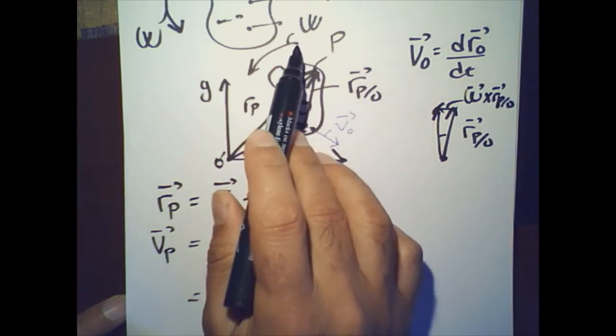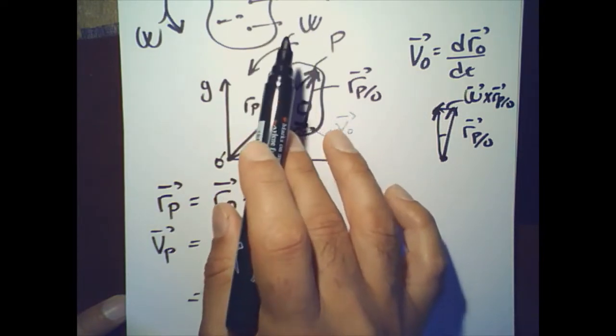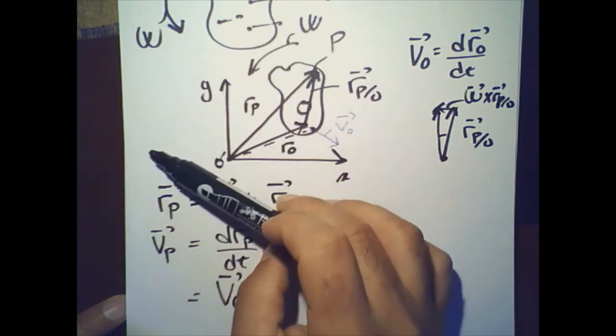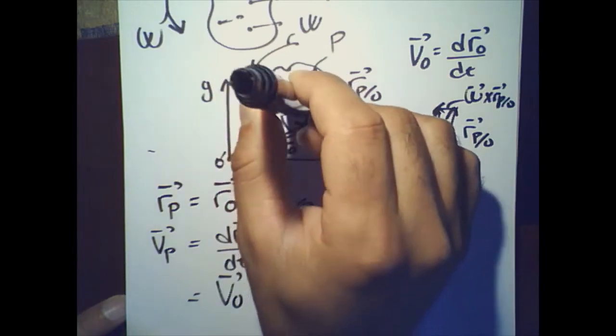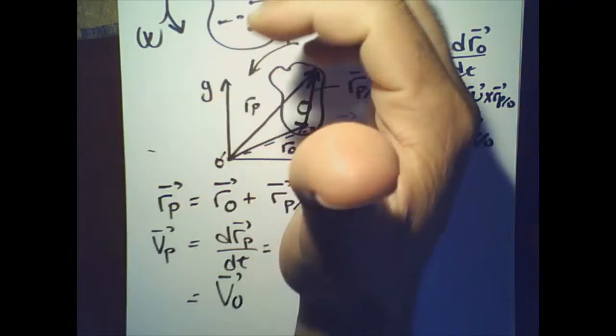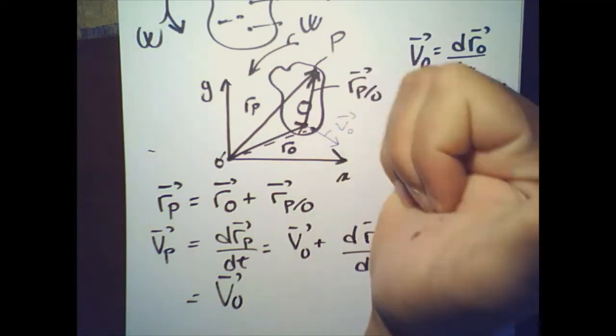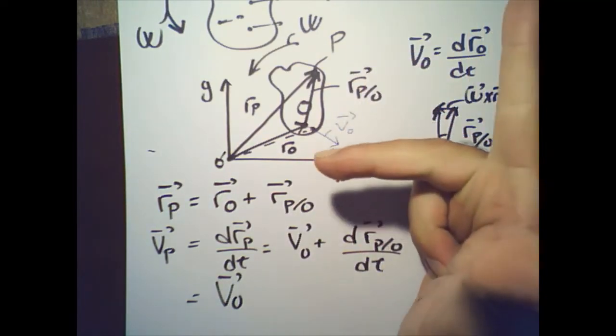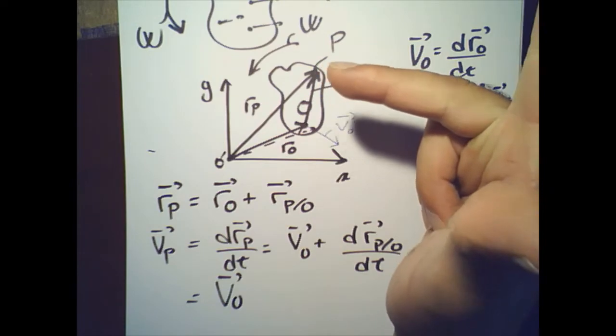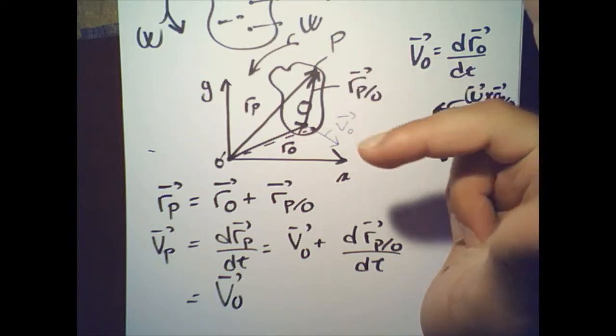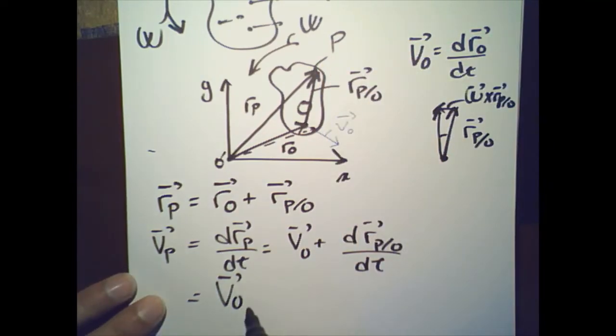And here's the thing: omega is actually a vector, angular velocity is a vector, but this vector is going to be perpendicular to the plane of rotation. So omega is going to be a vector like that, pointing up. So in the rotation of omega, this vector omega cross r is going to give me this vector omega cross RPO, and that will actually be the velocity. All right, so just remember that.